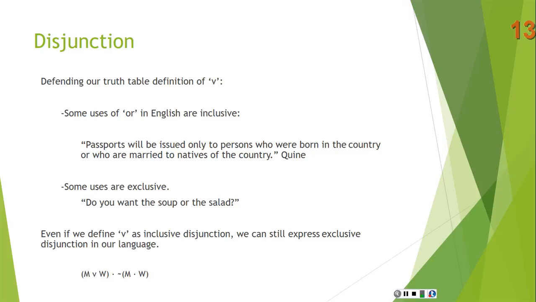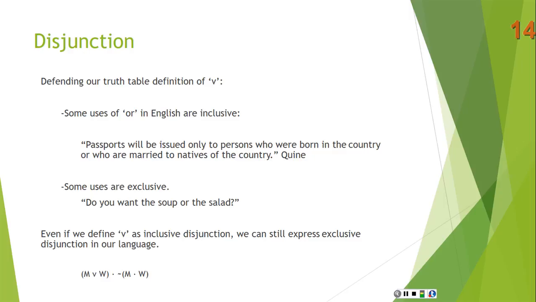But some uses are exclusive, like when the server at your favorite restaurant says, do you want the soup or the salad? What they mean there is, do you want the soup or the salad, but not both? They're giving you one choice. If you choose the soup, you can't have the salad, and if you choose the salad, you can't have the soup, unless you pay more.